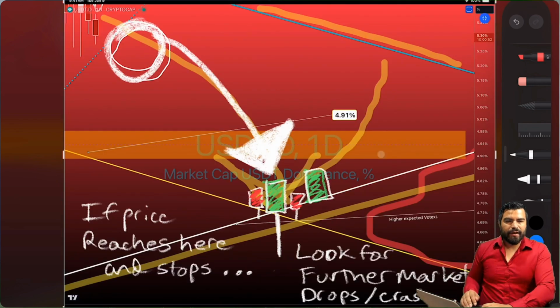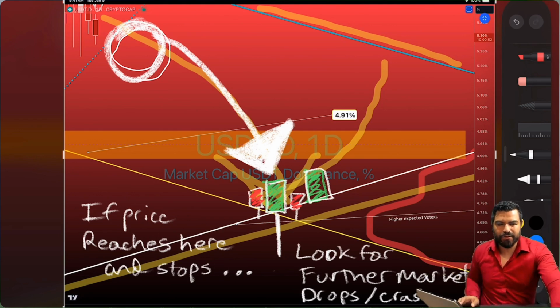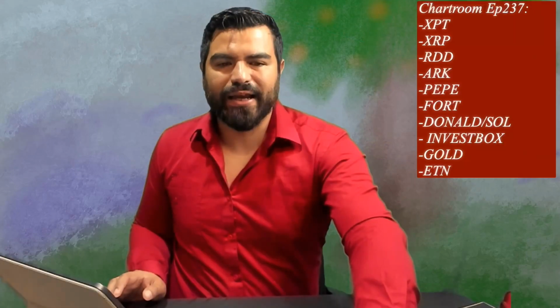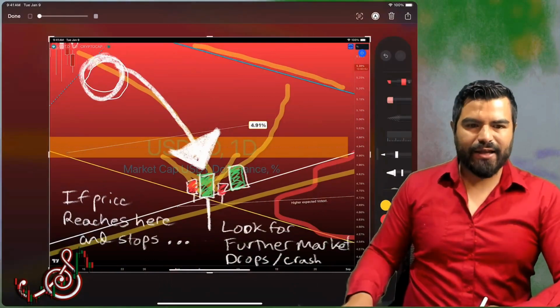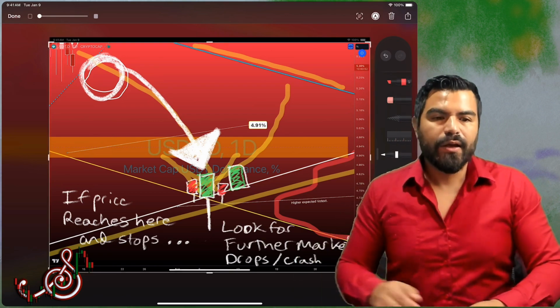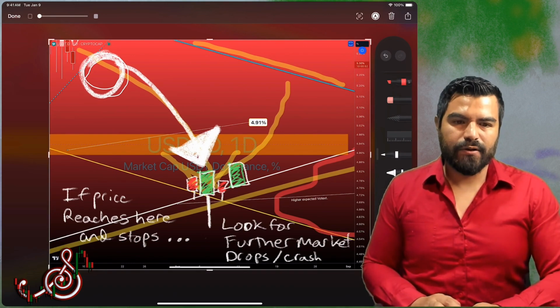Okay. If price reaches here and stops, look for further market drops or a crash. And I'm going to say it's going to be like a crash type event, not like the flash crash down to 0, but you're going to see another big dip and possibly us hit October prices when that happens.